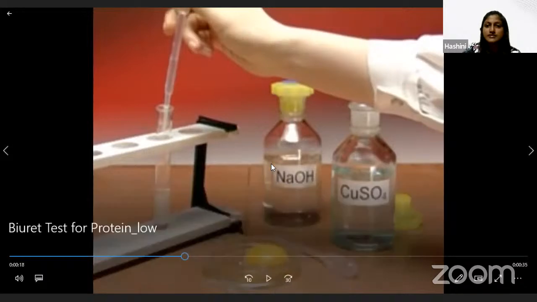Right, as it says, we add some drops of sodium hydroxide and some drops of copper sulfate to the protein-containing test tube. At the top, you can see the color is changing to purple.